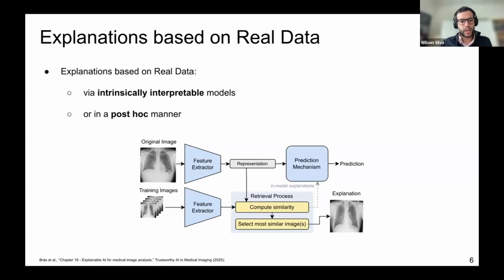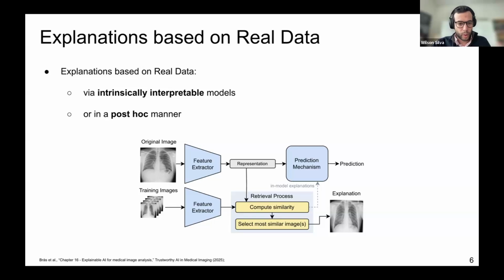If we are just looking into explanations based on real data, there are basically two ways of extracting these explanations. One would be by using what we call intrinsically interpretable models, meaning that the decision process of the model would be case-based. So the decision would be based on different real cases.